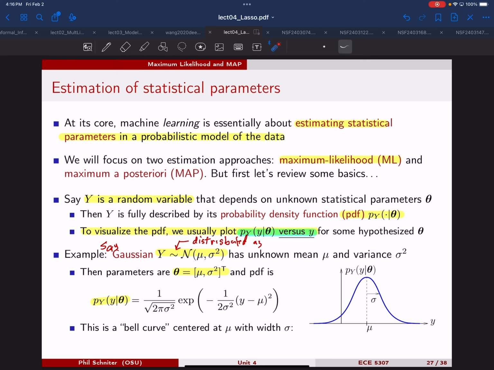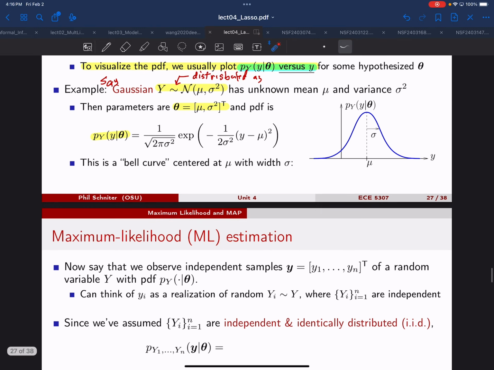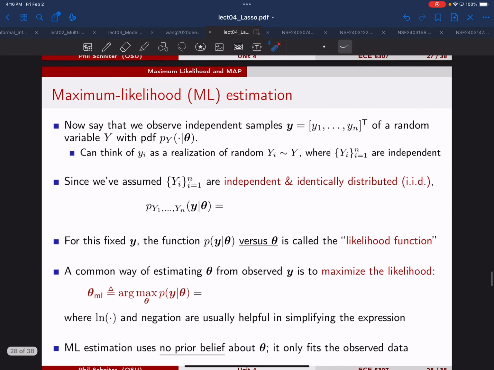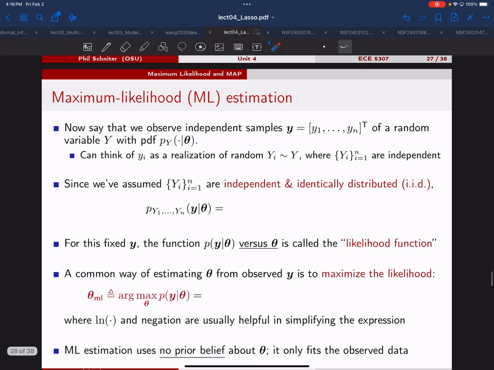Now, of course, if I just have a single y, I can't really estimate anything from a single value of y. So we need to work with multiple y. The way that we have been doing this is we say we have samples y1 through yn. We can collect these in a vector, boldface y, just to make it a little bit easier to write.